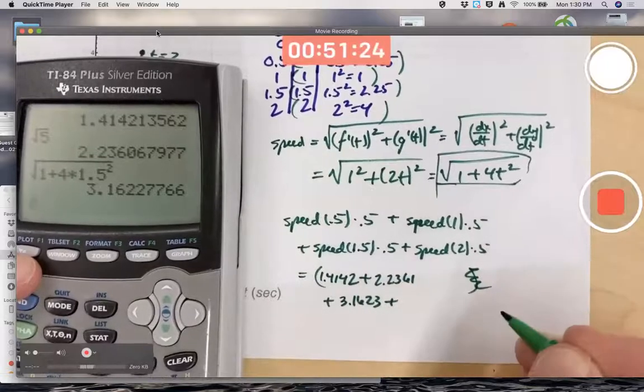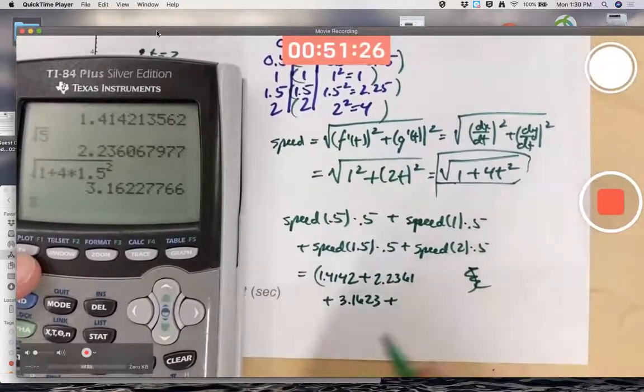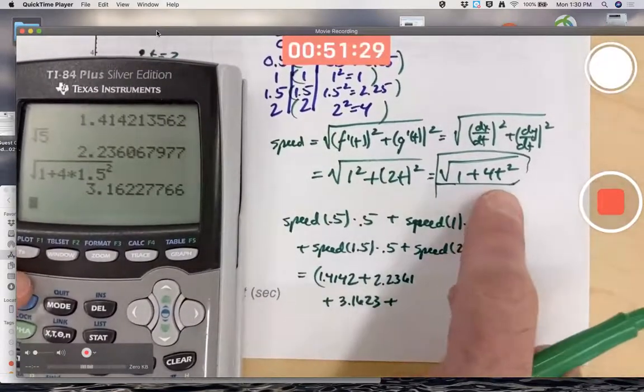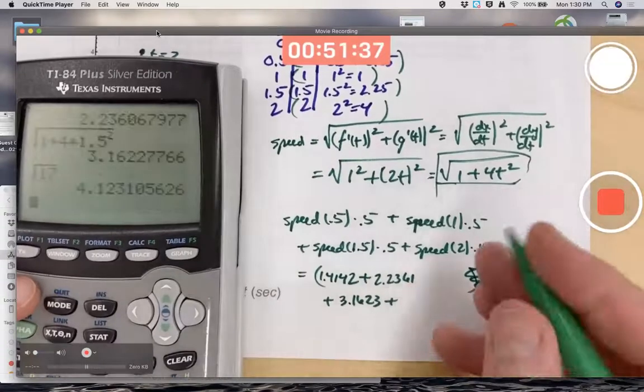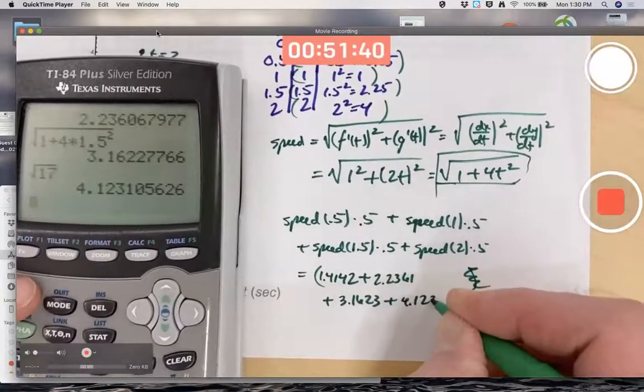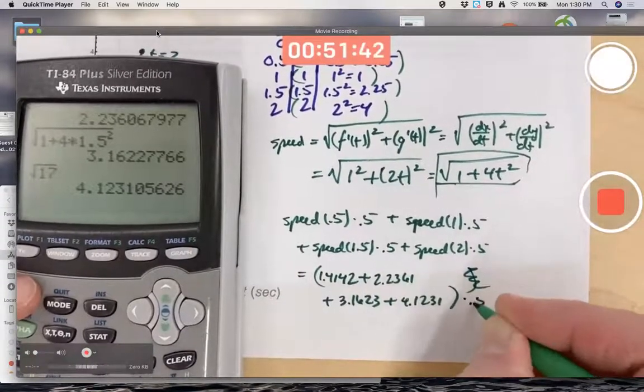And then finally, speed of 2 will be square root of 17. Plug in 2 there. We're going to get 1 plus 4 times 4 is 17. Take the square root. 4.1231. Don't forget to multiply all that by 0.5.